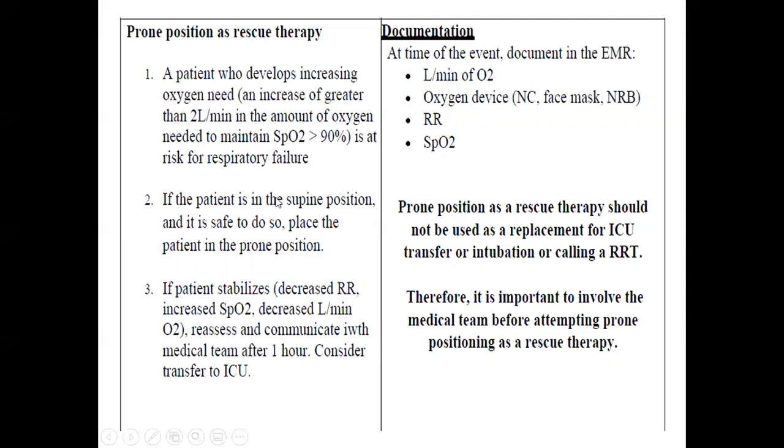If the patient is in the supine position and it is safe to do so, place the patient in the prone position. If the patient is stabilized, reassess and continue with the medical team after 1 hour.